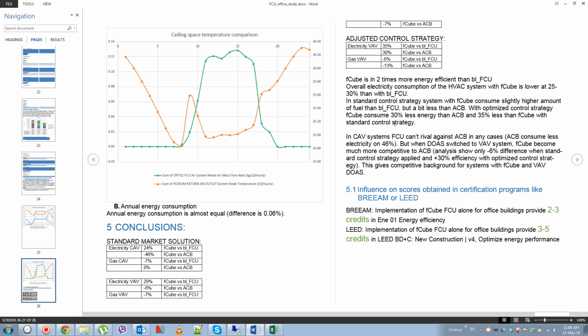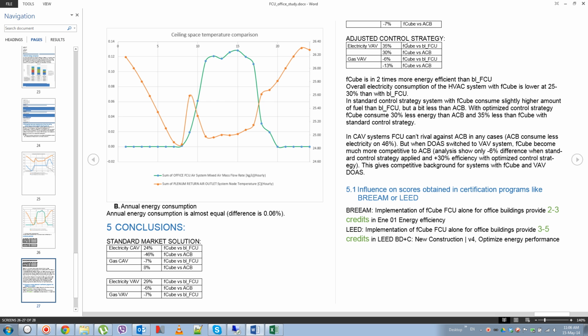And with adjusted control strategies, as I told you already, 35% more energy efficient than fCube with standard control strategy and 30% than active chilled beam. So it is much more energy efficient. The span is high, and there is still bigger potential to optimize it because of the inefficiency of the fan coil fan.